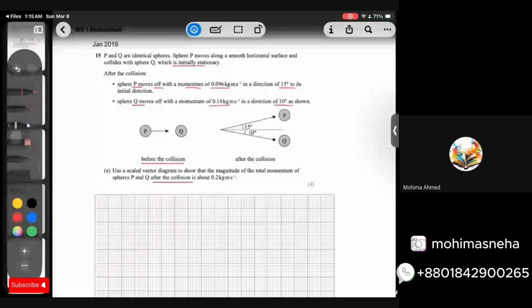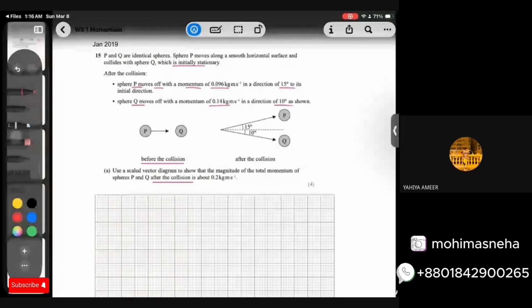So what do you think? Should I draw a parallelogram or a triangle over here? What do you do in this kind of case? Do you understand my question, Amir? I was asking, when we work with this kind of thing, do we know how to draw a vector diagram, by the way?